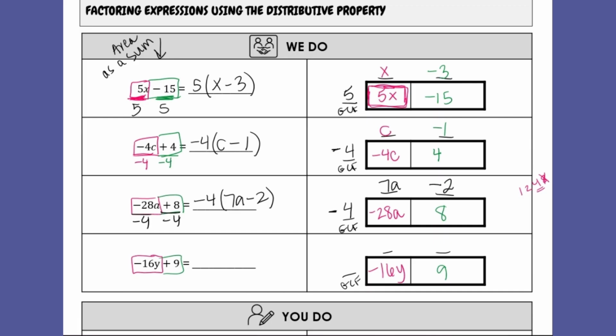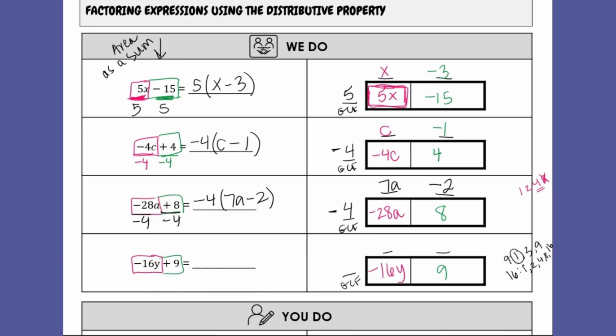We have negative 16y plus 9. So looking at common factors of 16 and 9, you might be thinking like there isn't one. I have 1, 3, and 9 for 9. For 16, I have 1, 2, 4, 8, 16.